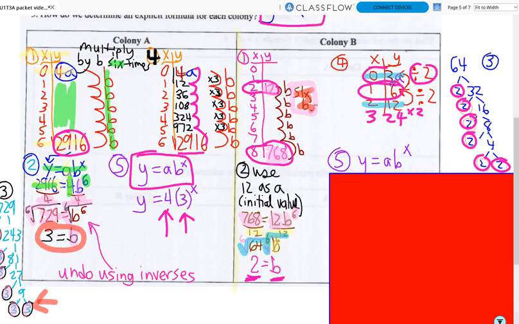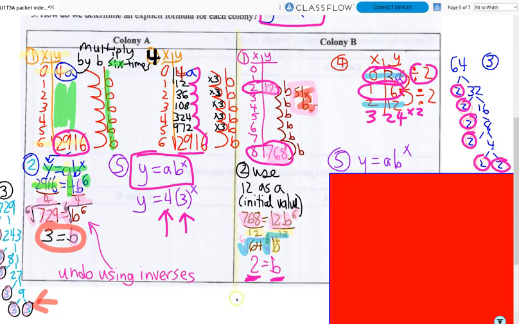This is going to give me the true a value, not the 12 I used to solve for b equals 2. The true initial value is 3 because 6 divided by 2 is 3, so my true a value is 3.